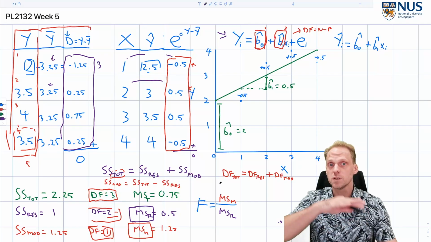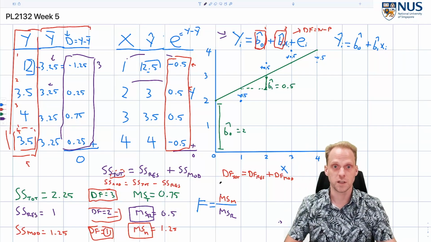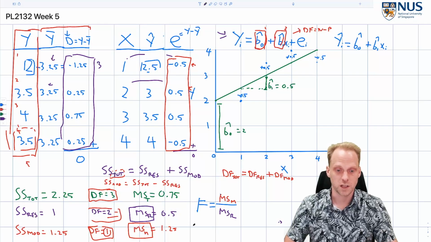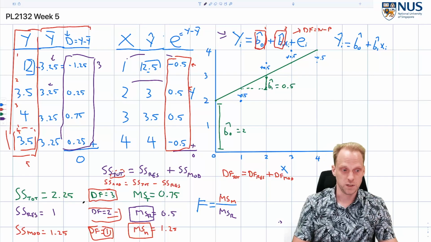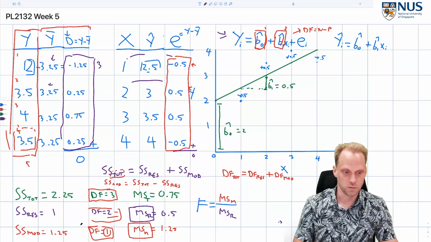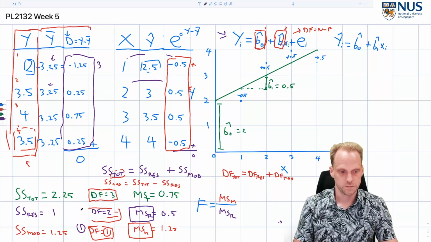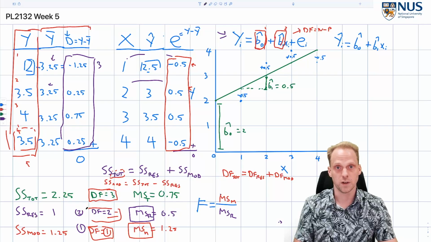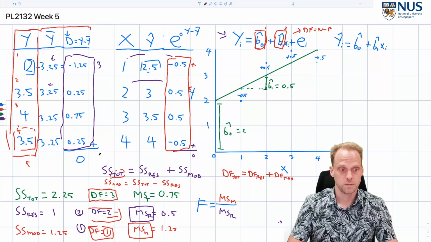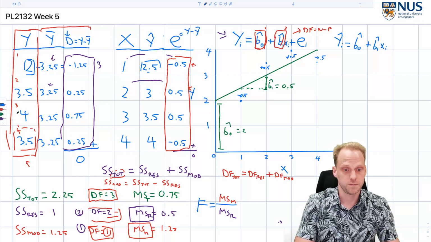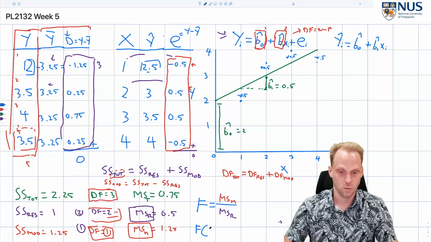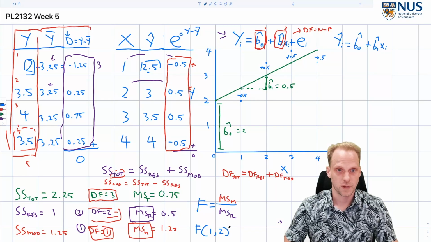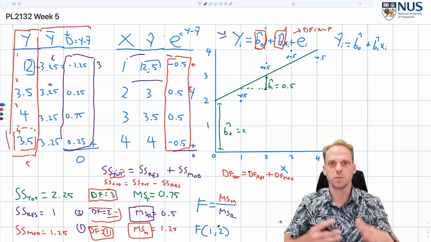Now this thing has a distribution, so we can use it in significance testing. The interesting thing about it is that it has 2 degrees of freedom, namely this one, the model one, and this one, the residual one. So the way you would write this, say F with 1 and 2 degrees of freedom, and usually the second one will be much larger, right?